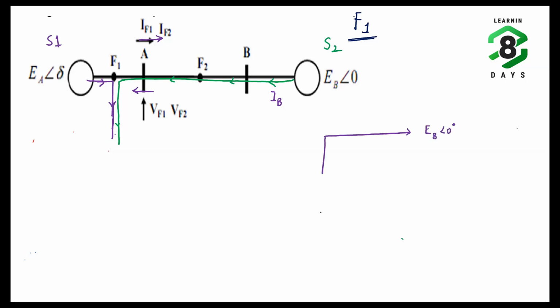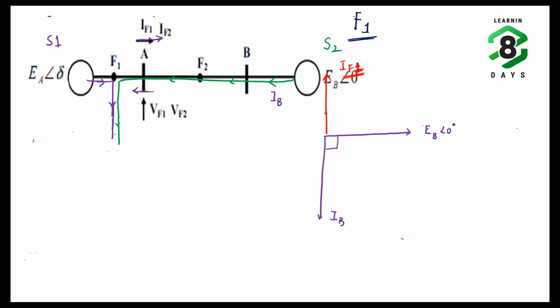IB will be lagging EB by 90 degrees, because fault currents are inductive, they lag the voltage by approximately 90 degrees. The direction of IB and IF1 is opposite, so your IF1 will have the same magnitude but the opposite direction, like this.